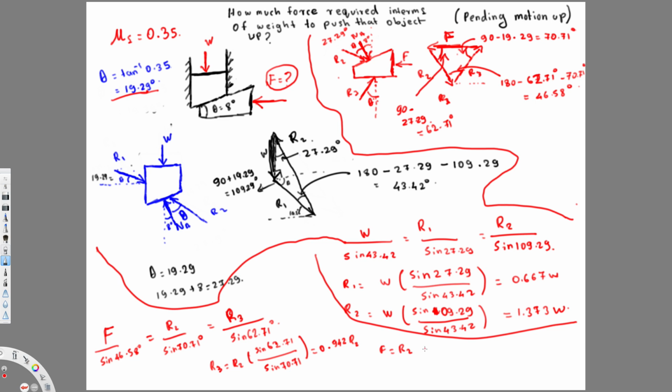F is going to be equal to R2 times sine 46.58 over sine 70.71, which is equal to 0.770 R2. And so we have two different things in terms of R2. From this one I can calculate F.